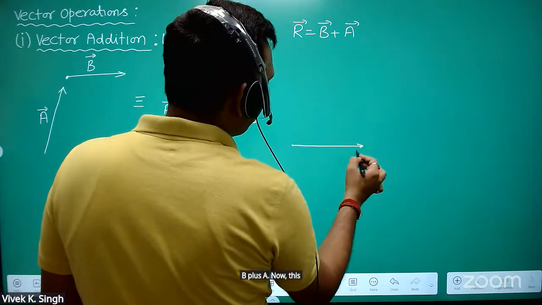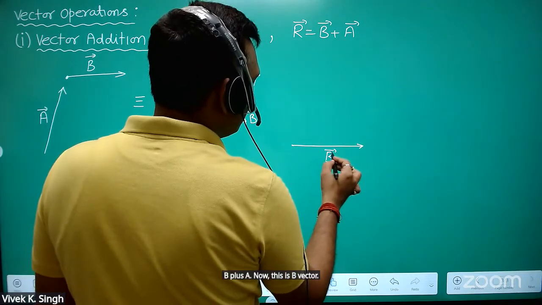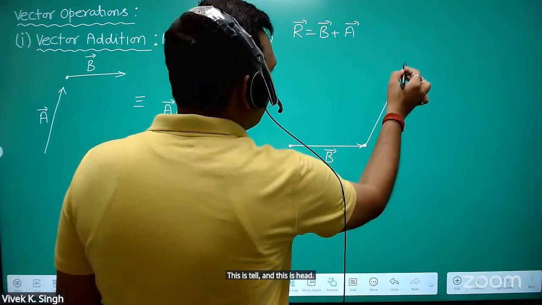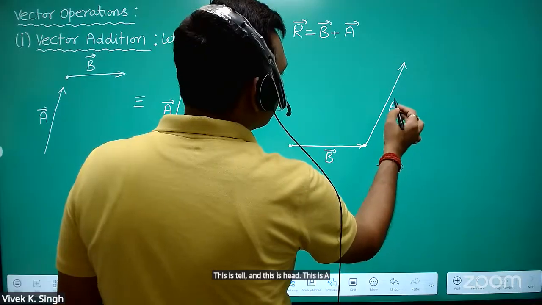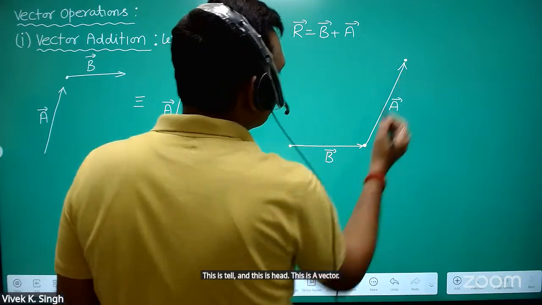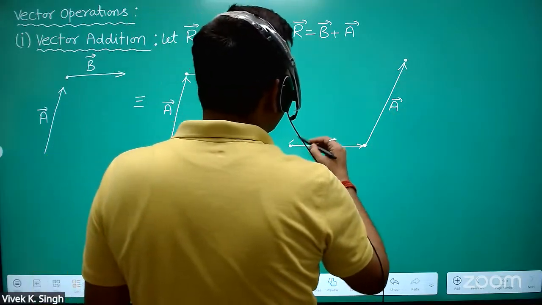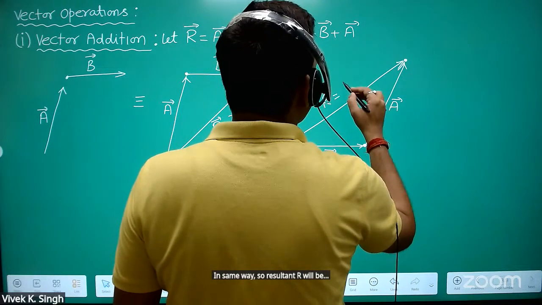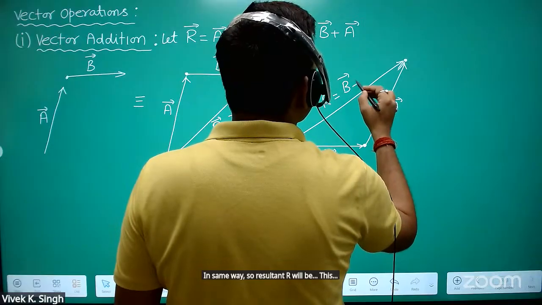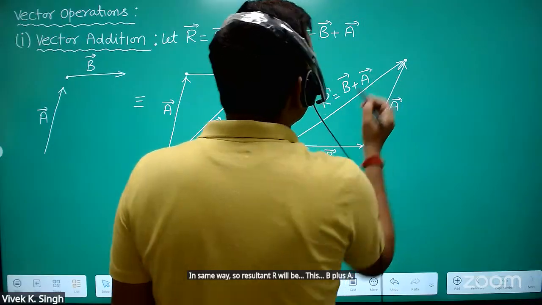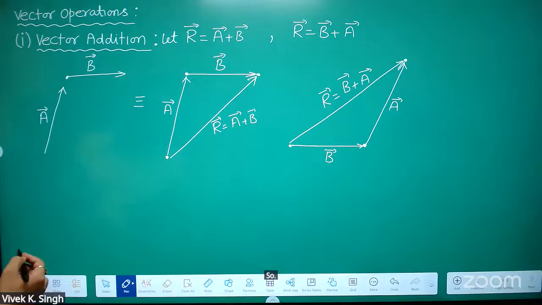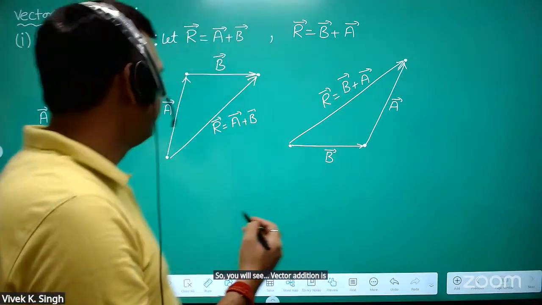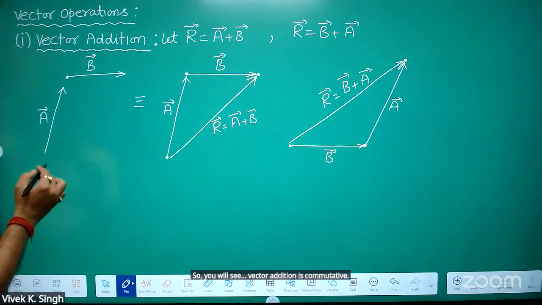Now this is the B vector. This is the tail and this is the head. This is the A vector. In the same way, the resultant R will be this, B plus A. So you will see vector addition is commutative.